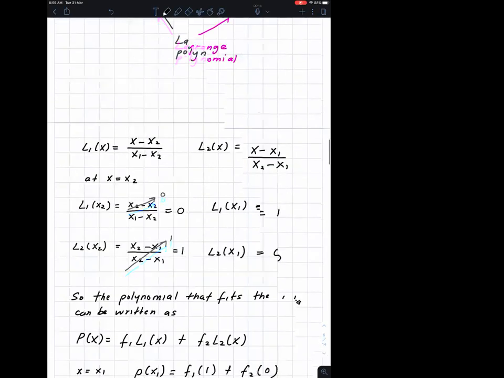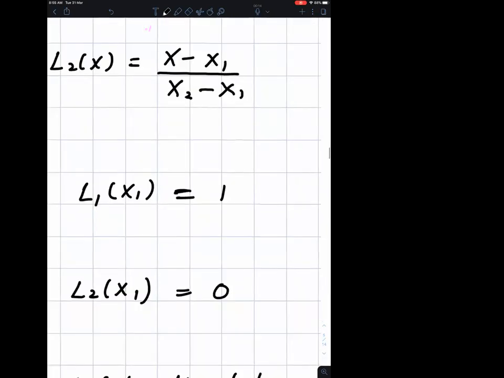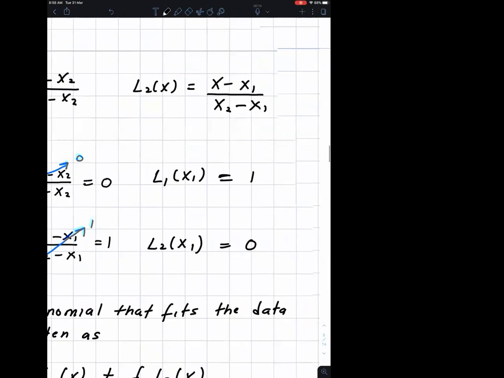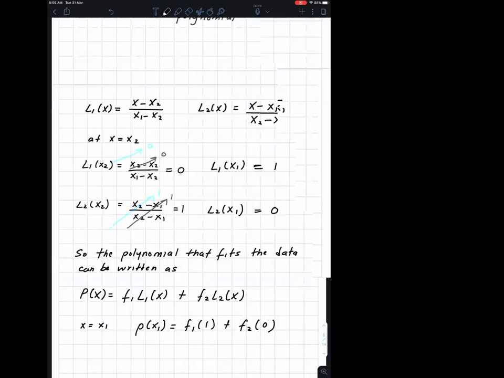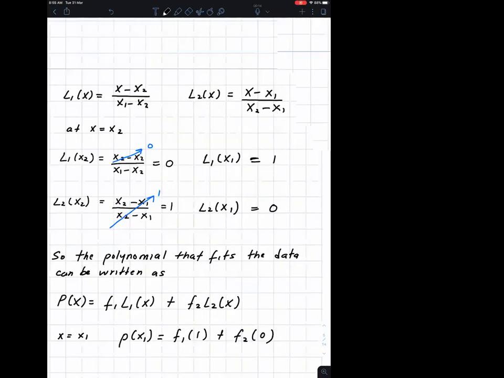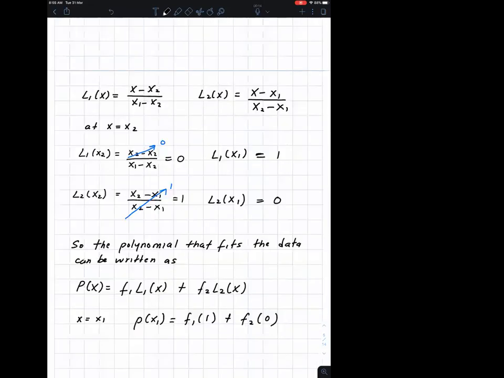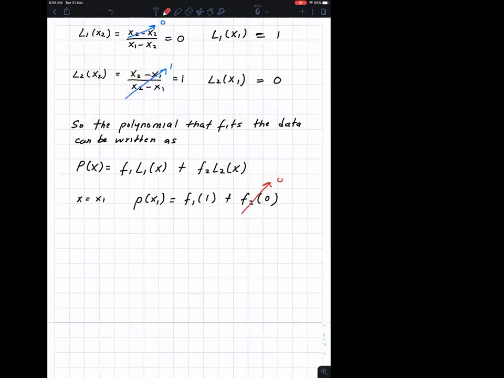L1 x1 gives you 1 right here. L2 x1 is right here, 0. I'm just substituting these values. So this is going to be 0, and you're going to end up with F1.